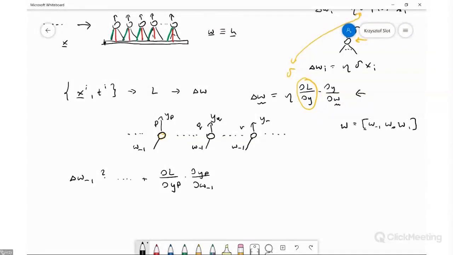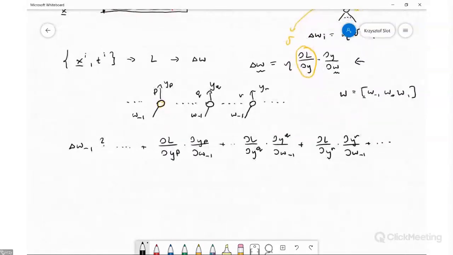And this will be an element of a sum that applies to all of these neurons, each of which contributes an error if this weight is incorrect. So there will be the derivative of YQ with respect to W-1. Then there will be the next term related to an erroneous value of the weight, but now for the neuron R, and so forth.